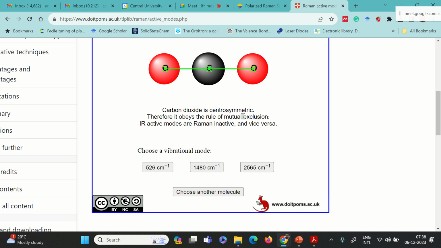So H2O and CO2 are the basic models through which we can understand spectroscopy very well. In the case of water, all three modes were IR active and Raman active. There was no center of symmetry. In the case of CO2, there is a center of symmetry, and it follows the mutual exclusion principle. IR active modes are Raman inactive and vice versa. That we have just seen.